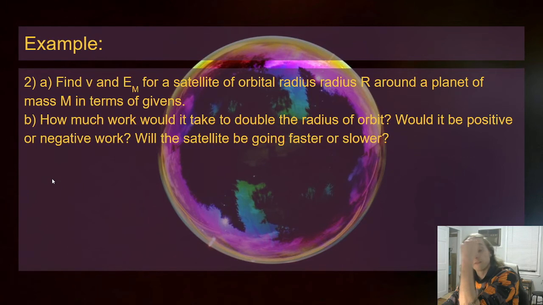Next question. Find the velocity and mechanical energy for a satellite of orbital radius r around a planet of mass M in terms of givens. I think we've already done part A. For part A for this one, the mechanical energy is going to be negative GMm over r squared, and our velocity is going to be, just using our basic premise of centripetal motion, GM over r will be equal to velocity squared.